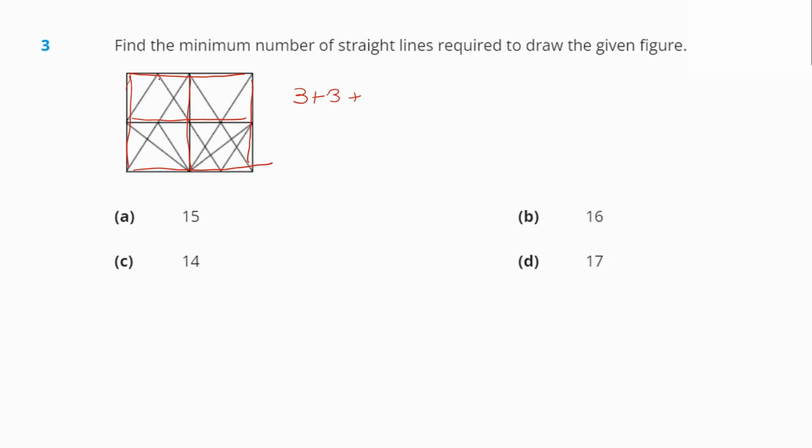Now diagonals are 1, 2, 3, 4, and 5, plus 1, 2, 3, and 4. So our answer is A, 15. Moving on to the next question.